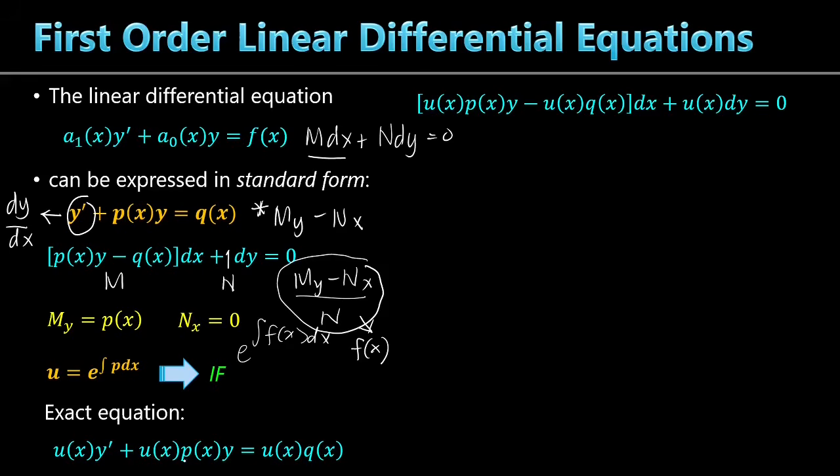So, u of x, P of x, y, ito ililipat ko sa kabila, minus u of x, Q of x, and then pag minultiply ko yan both sides ng dx, makakaroon siya ng multiplier na dx. At ang matitira dito, u of x, dy na lang. Kasi nga, we multiplied both sides of the equation by dx.